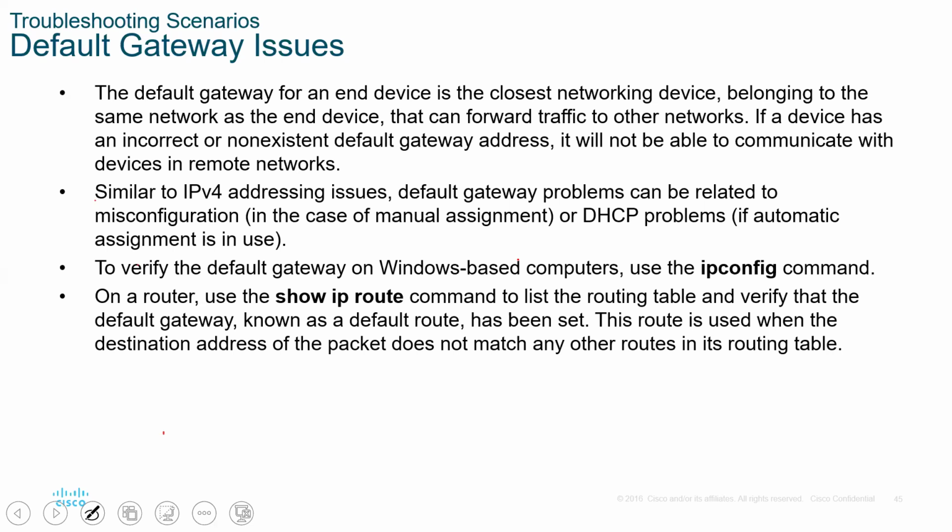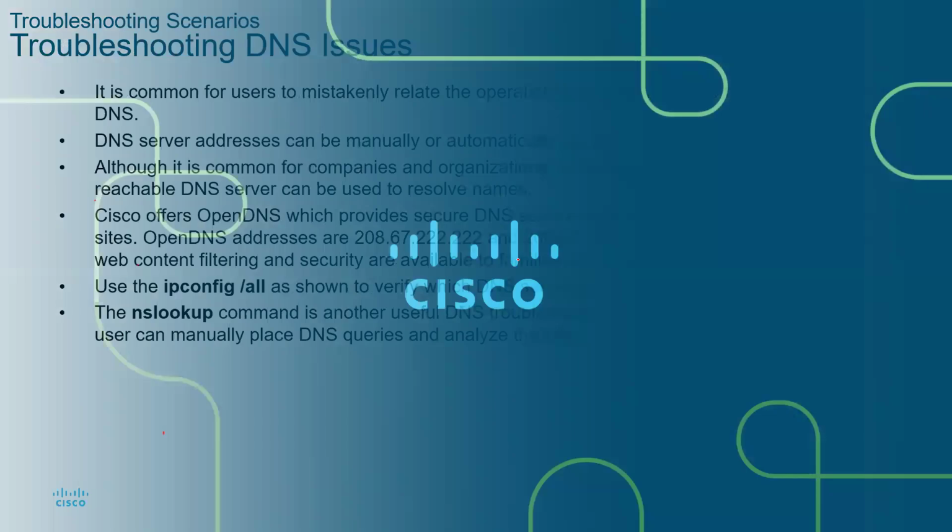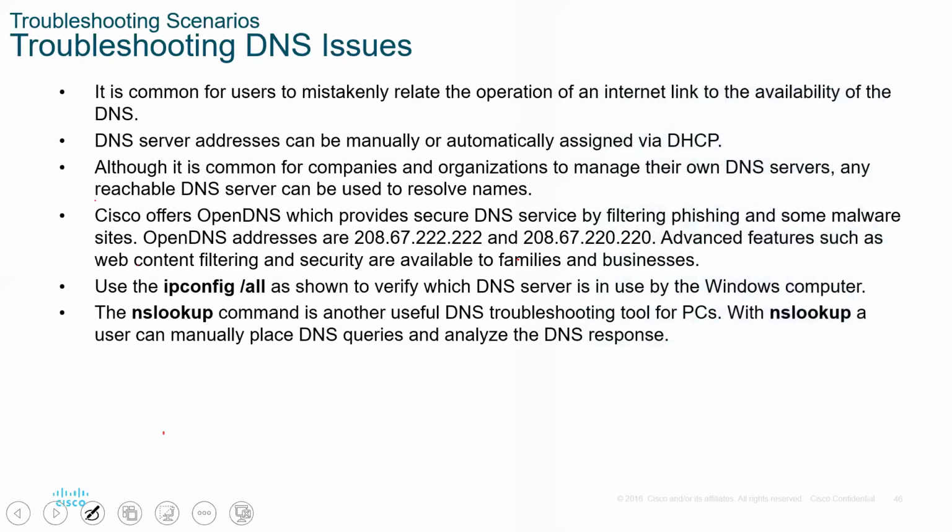To verify the default gateway on Windows-based computers, you can use the ipconfig command. On a router, use the show ip route command to list the routing table and verify that the gateway shown as the default route has been set. The route is used when the destination address of the packet does not match any other routes in its routing table, right?